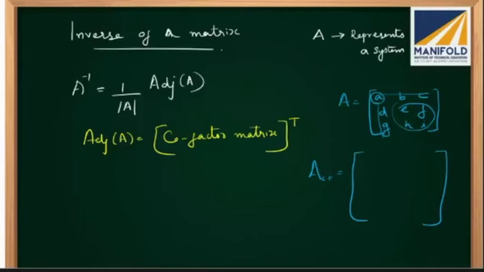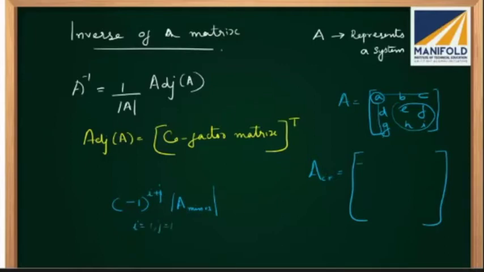Now, how to get its sign? It's simple. Minus 1 to the power i plus j times the determinant of the minor matrix, obtained by removing row i and column j.